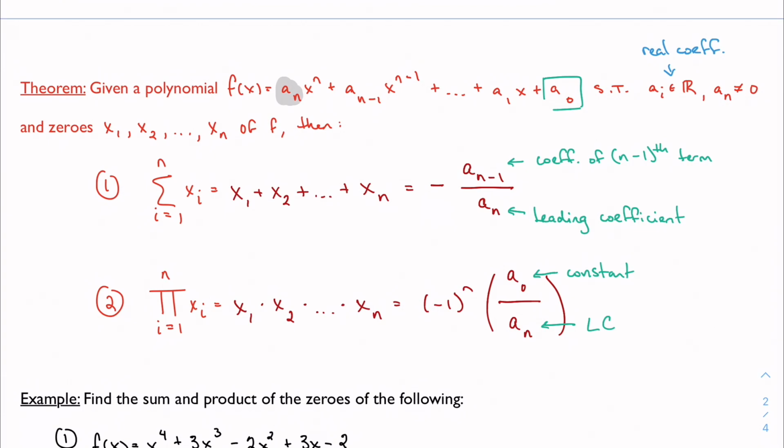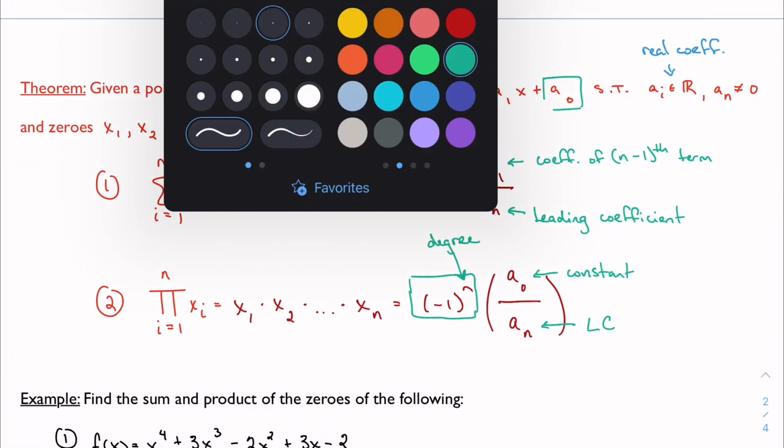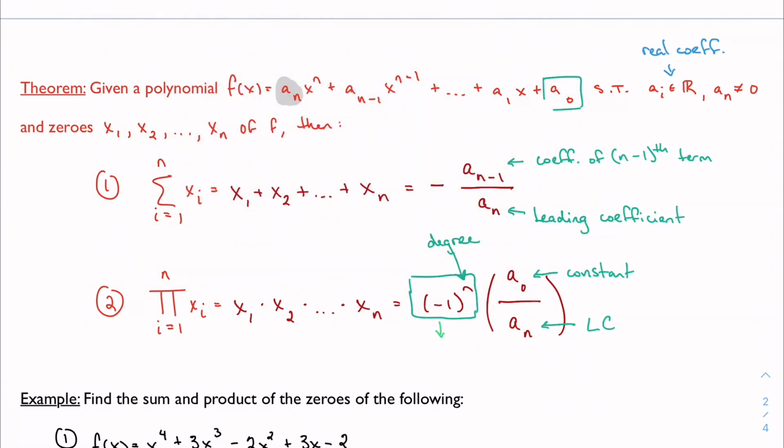And this negative 1 to the n is interesting. It is going to show up quite a bit when we talk about sequences in chapter 1. N is just the degree. What this tells us, an important result of this, is that my product of roots will be positive if n is even and negative if n is odd.